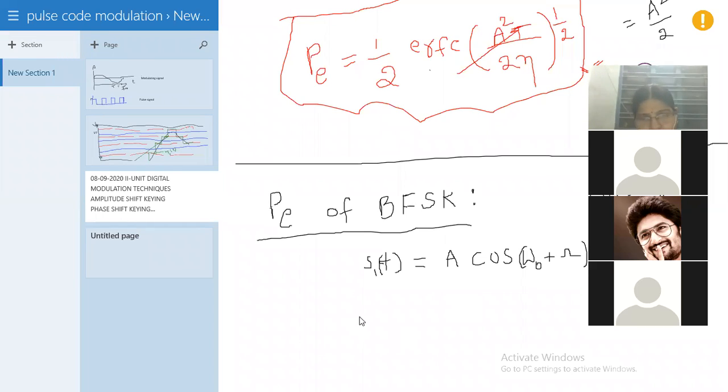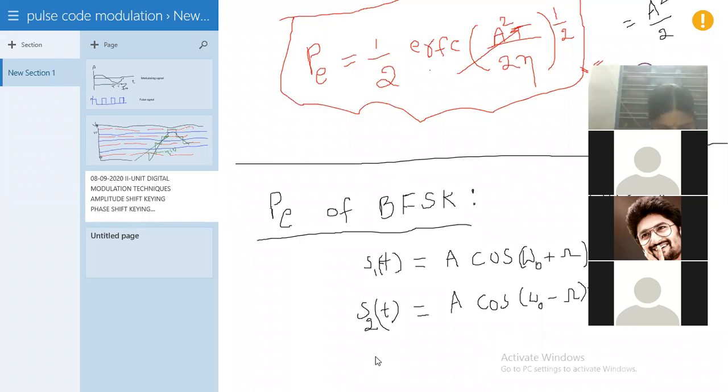Therefore S2 of t, please note down, S2 of t is equal to A into cos of omega naught minus small omega of t. Am I correct? This is for minus 1 volt, that is logic 0. This is the equation.